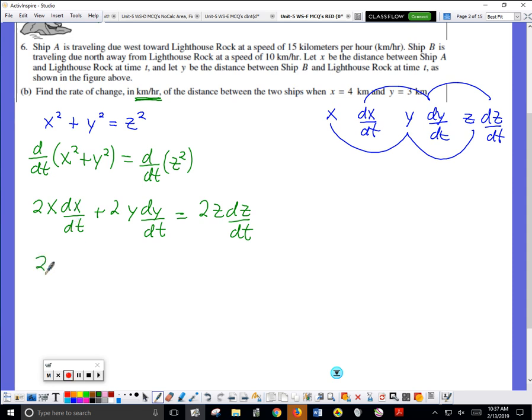So I can go 2 times 4 times negative 15 plus 2 times 3 times 10 equals 2 times 5 dz/dt. Remember, it's a 3, 4, 5 triangle. I just solve for dz/dt and finish the problem.